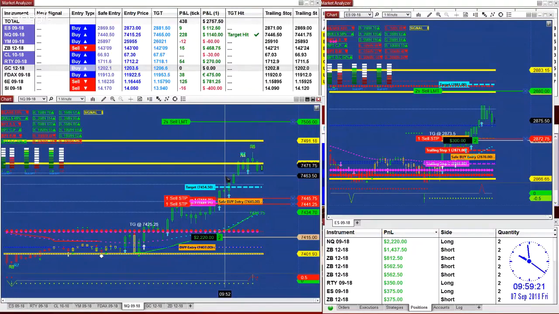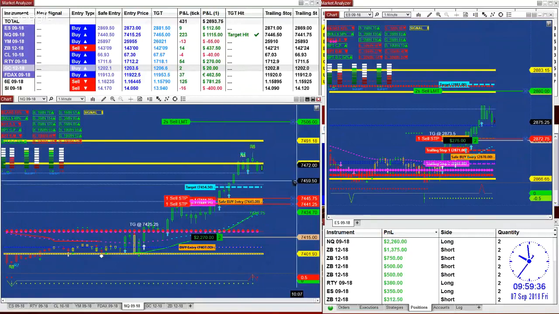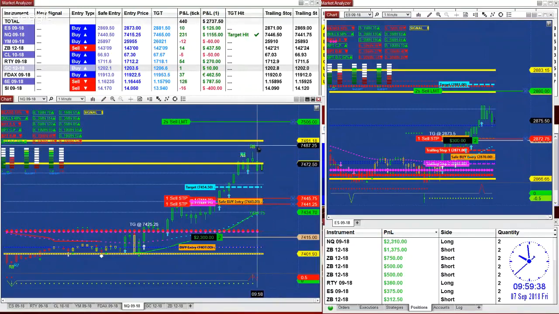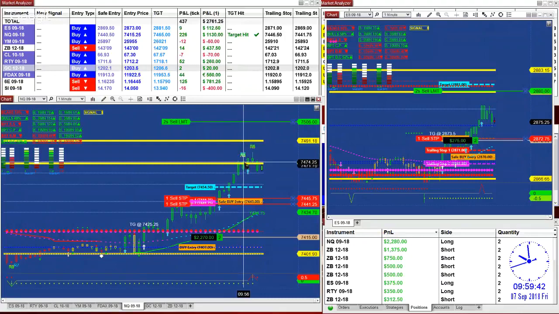Right now, I believe in leaving room for the market to go back and forth, as long as you know what you're doing. At the moment, the system here has come into this critical area, these two yellow lines.